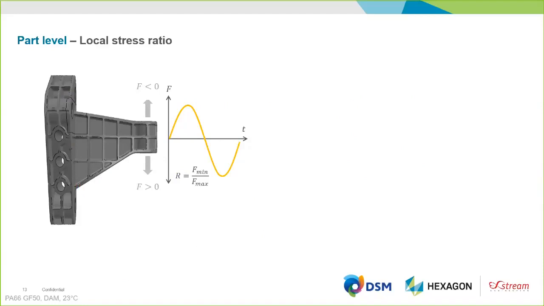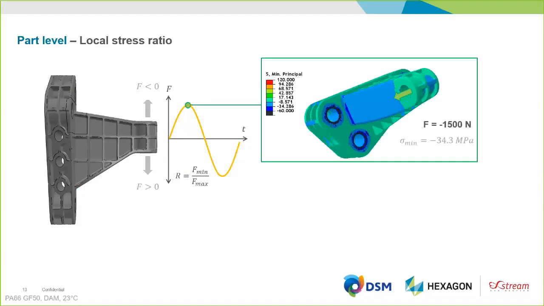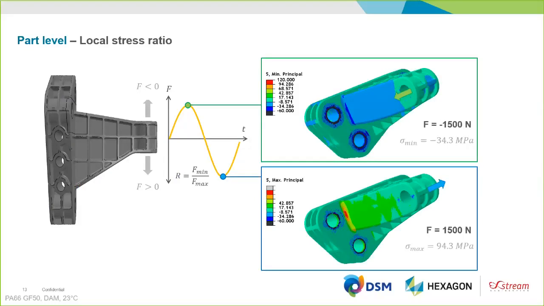So schematically, we have a negative and a positive force direction. And with this definition of the negative force, we can look at the local stresses. Basically, you see at this area on the top picture, we apply a load of minus 1500 newtons.